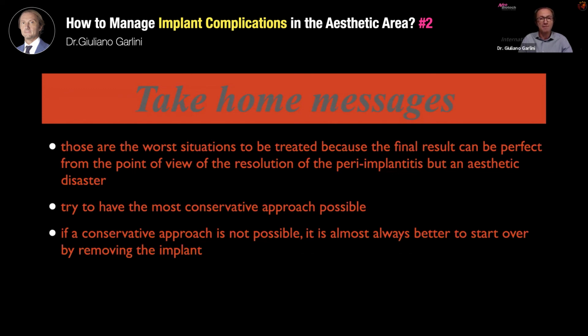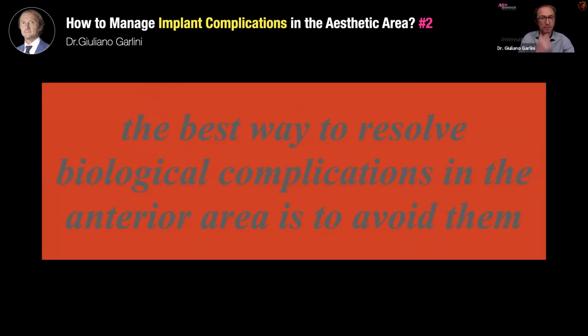And we have the possibility to easily remove the implant by the use of the FR, the fixture removal kit from the NeoBiotech company. But the best way to resolve a biological complication, in my opinion, especially in the anterior area, is to avoid them.